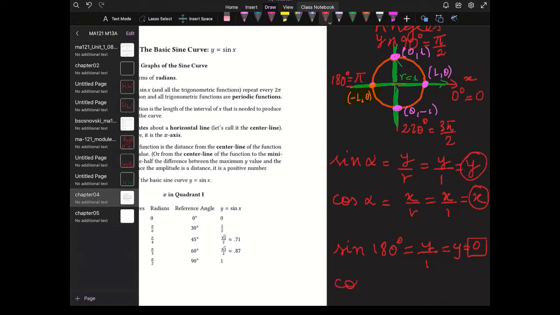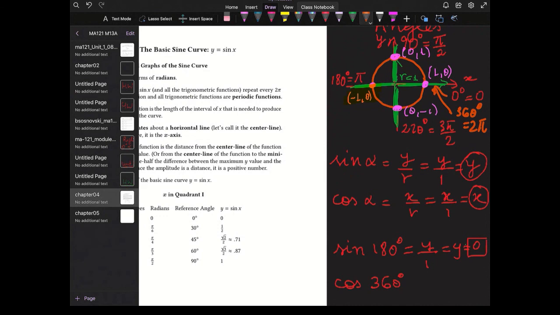Now let's do cosine of 360. It's also quadrantal. 360 degrees corresponds to this point right here, because this is also 360 degrees, which is the same as 2 pi. Okay, so the terminal side is that. So the point on the terminal side of 360 is 1, 0.